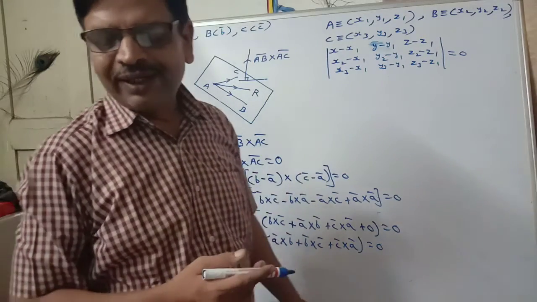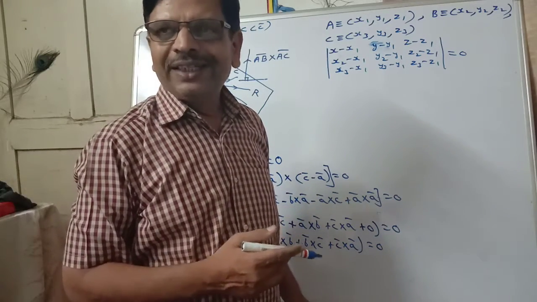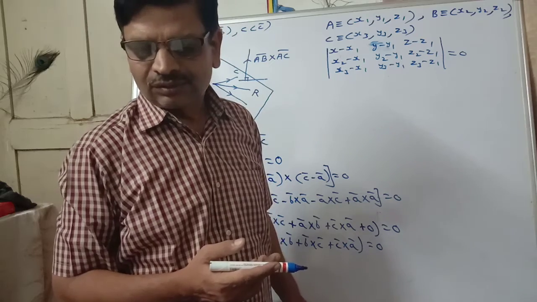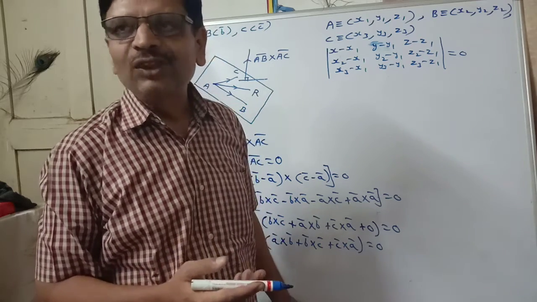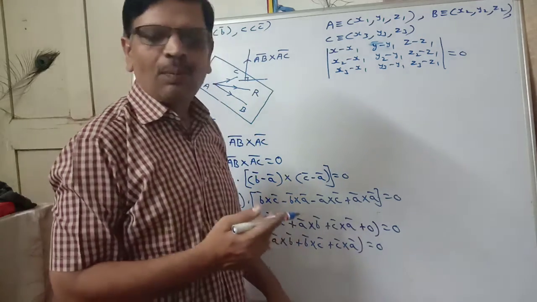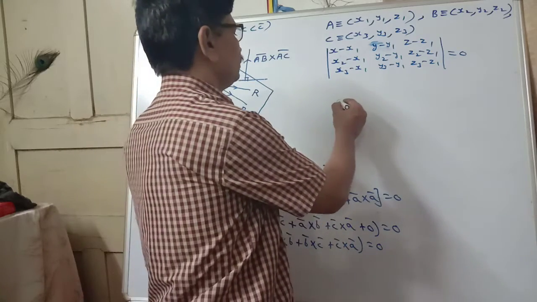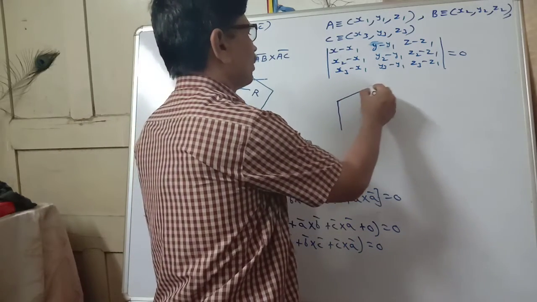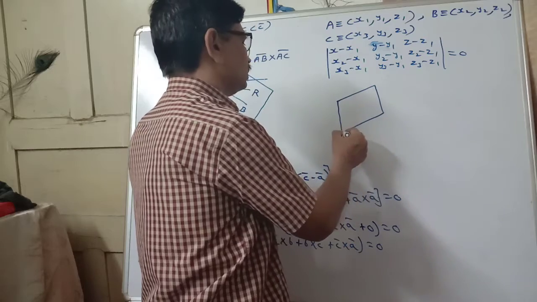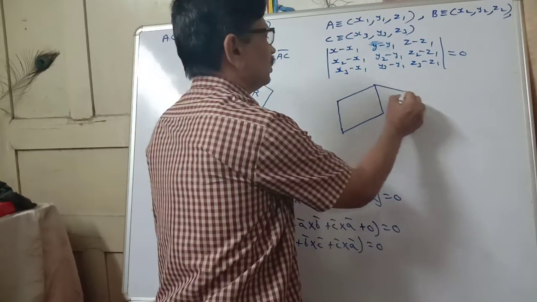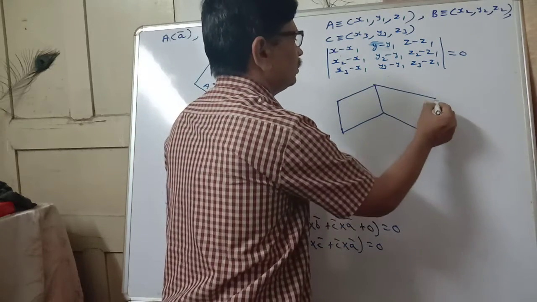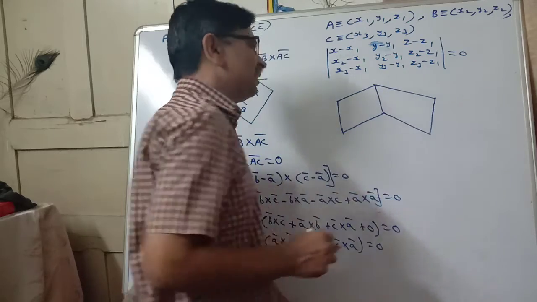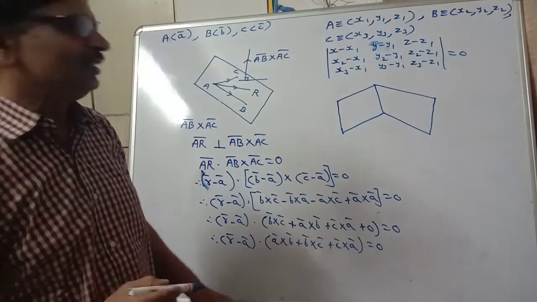Now we can find the equation of a plane which is passing through the intersection of two planes. These are two planes intersecting each other.